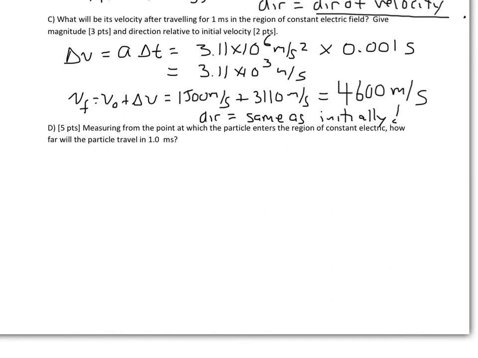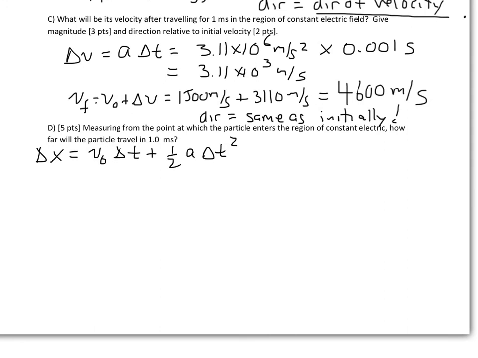So you can use, for example, if you remember the equation, the displacement will be the initial velocity times the delta t plus 1/2 its acceleration times delta t squared. So delta t is the time it spends in the region of constant field. And you can use that equation to solve for it.